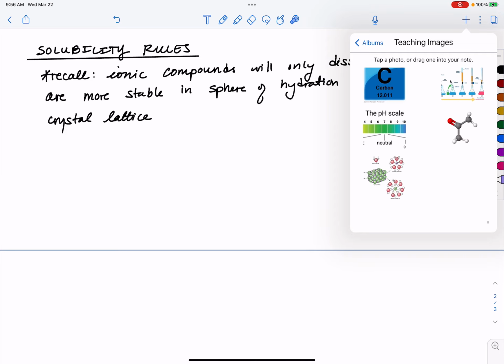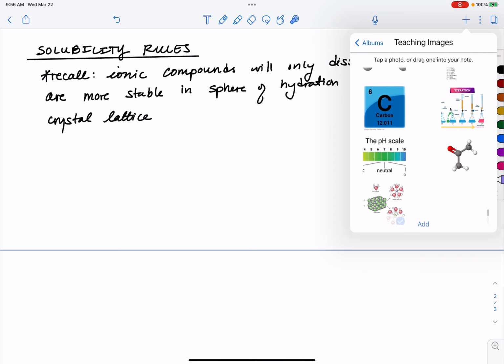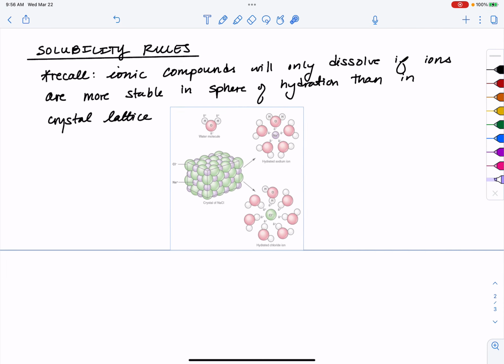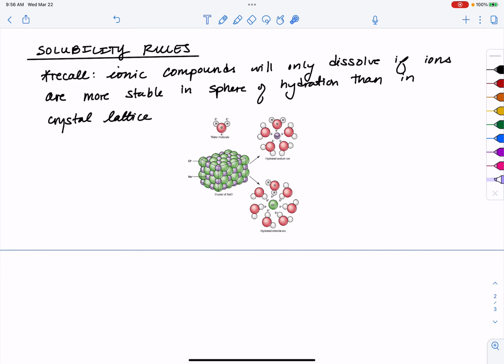Let's see if I can find that image here. So over here on the right, we can see the sphere of hydration that surrounds each of our ions.